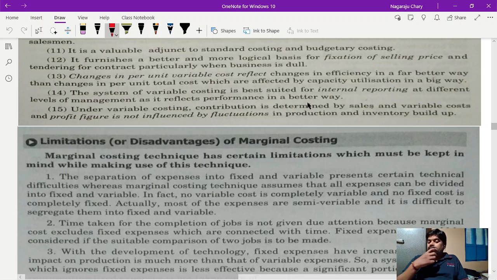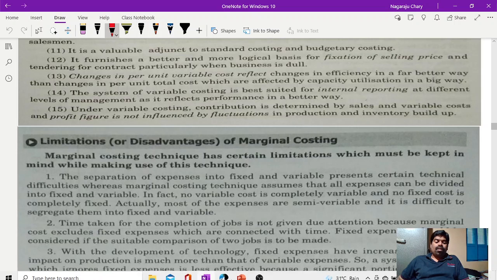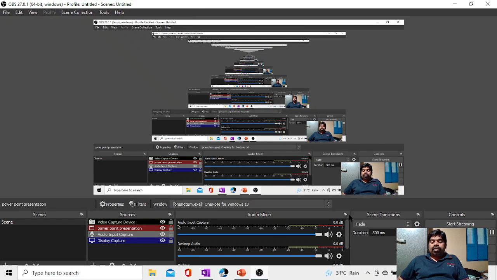So the sales value and the variable cost determine the profit. So that's why production and the other various aspects do not influence this method. This is the advantage.